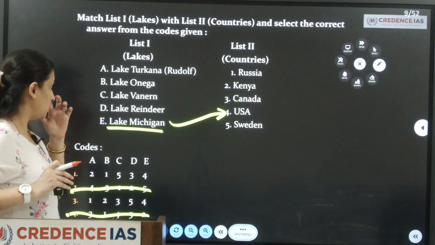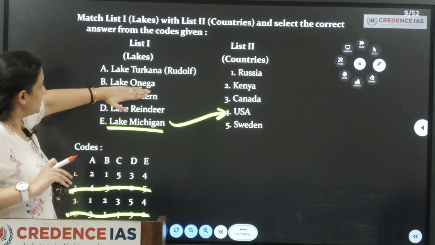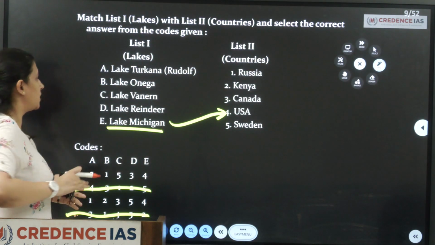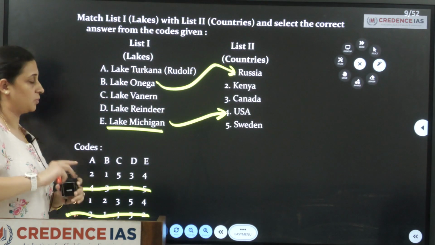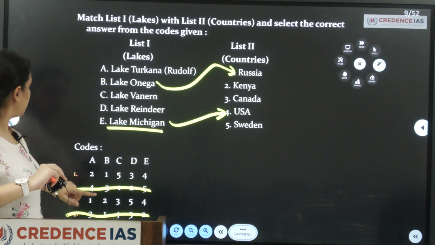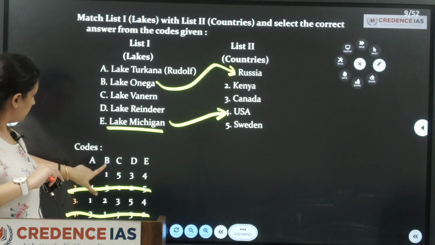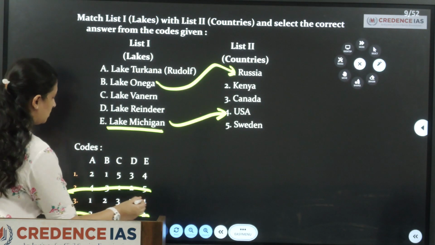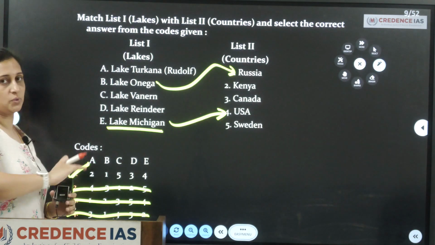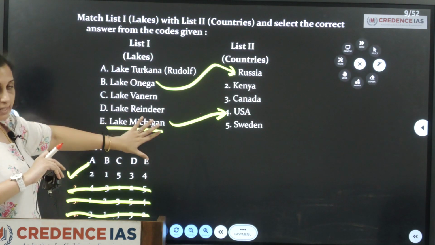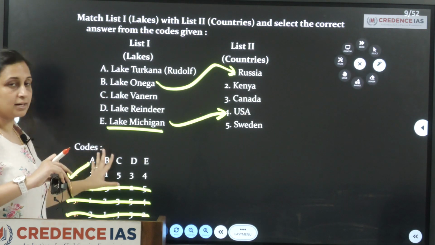Now Lake Onega is in Russia. So Lake Onega, B is 1, the other is eliminated, so this will be the answer. Just by knowing 2 lakes I identified the answer.